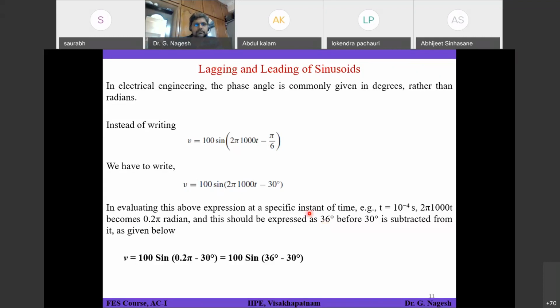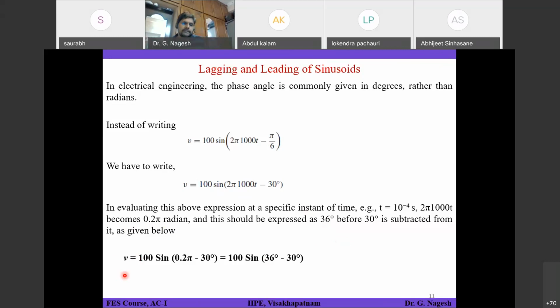Here we have 0.2 pi radians, so it will be equal to 36 degrees. So you have to convert that into 36 degrees and then subtract 30 degrees from that, and then you can find out the value of v straight away. So that is 100 into sine of 6 degrees. Whatever value you get, that is the value of v at that instant of time. Clear?